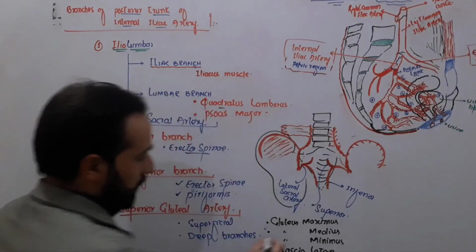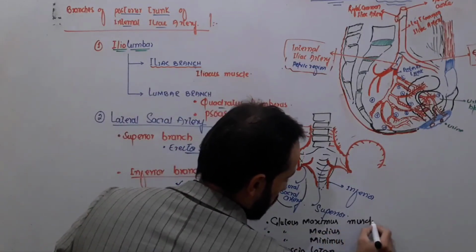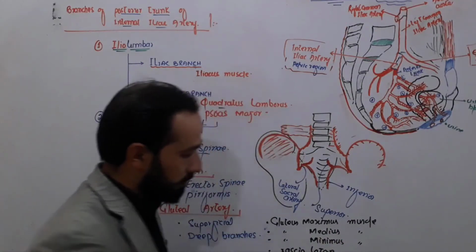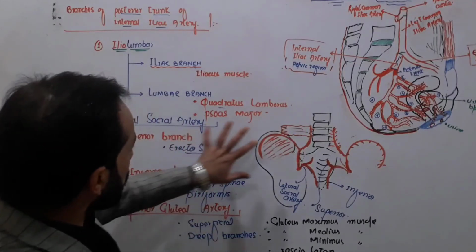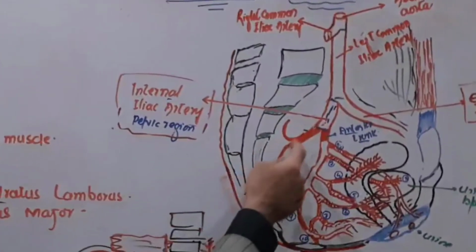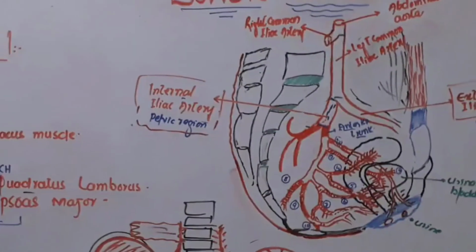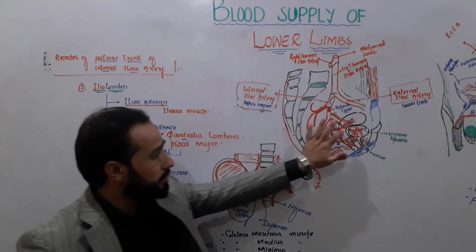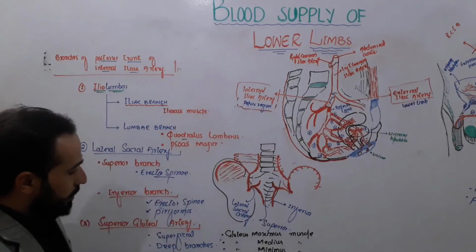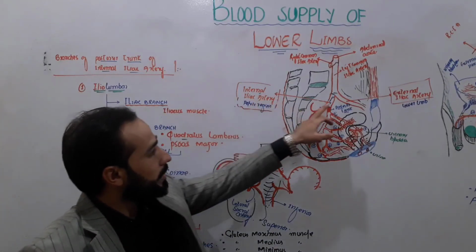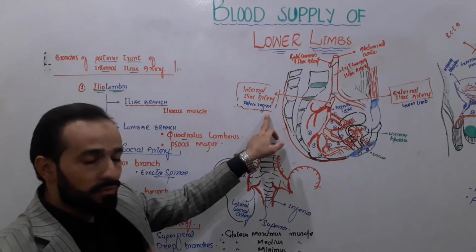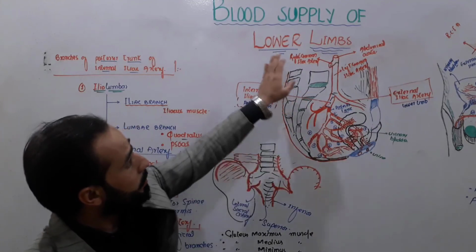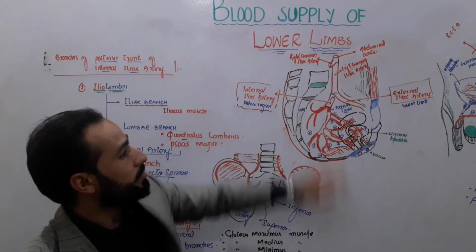So there is the gluteus maximus muscle, gluteus medius muscle, gluteus minimus muscle, fascia lata, and piriformis muscle. So these are the branches of the posterior trunk of the internal iliac artery. I hope you understood all these branches and the branches of the anterior trunk also. So here we are finished with the branches of the internal iliac artery. Now in the further lectures we will discuss the branches of the external iliac artery, and we will complete the blood supply of the lower limb.